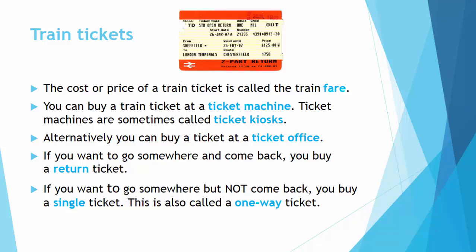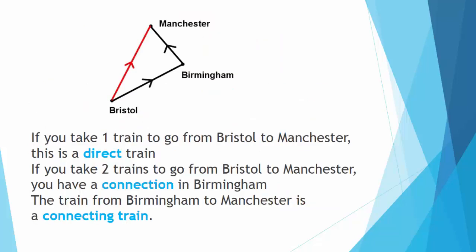Alternatively, you can buy a ticket at a ticket office. If you want to go somewhere and come back, you buy a return ticket. If you want to go somewhere but not come back, you can buy a single ticket. This is also called a one-way ticket.